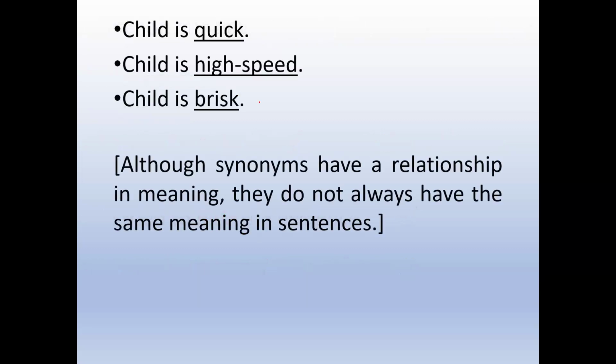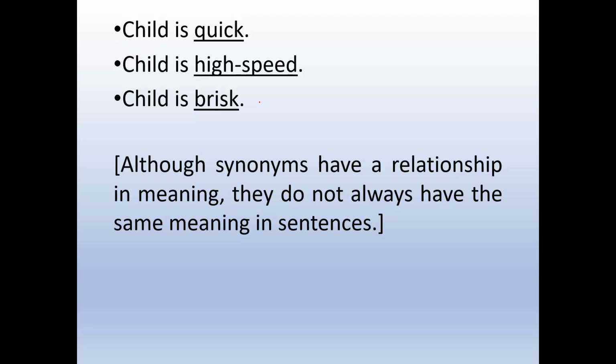And there's another example here. The child is quick, high speed, and brisk. So you can understand that point more with this example also. Quick, high speed, brisk, all three words can be taken as synonyms. We can consider them to be synonymous, but not exactly. Because when you say the child is quick, the meaning is a little bit different from the child is high speed.